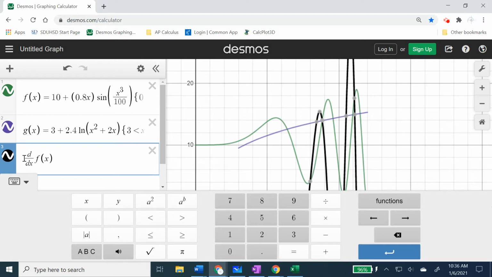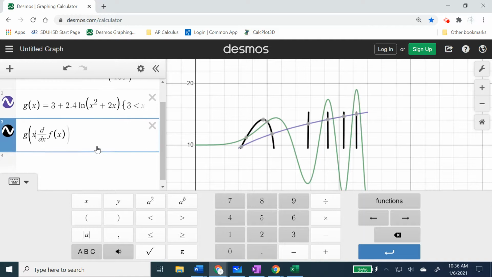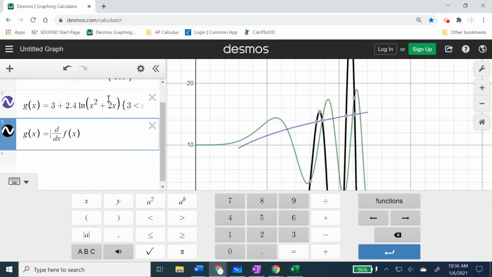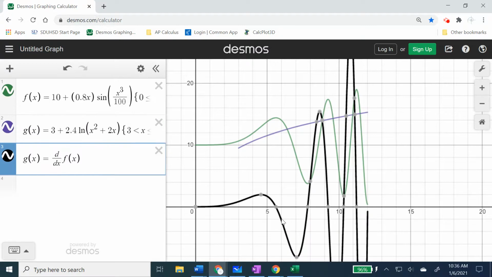And there are various ways to go about it on here. There might be a better way than what I'm about to show you, but hey, this will do. So what I'm going to do is call this g of x is equal to this derivative. And then I just need to find when y is 7.